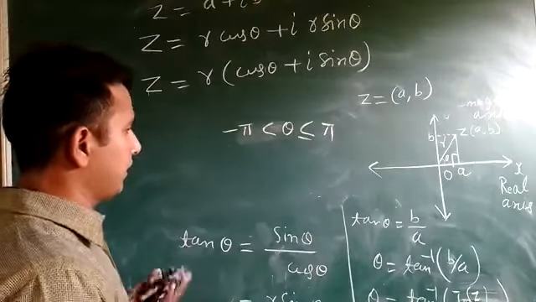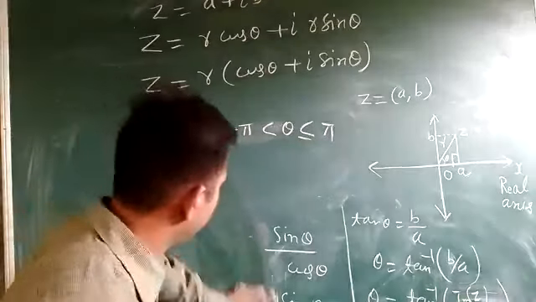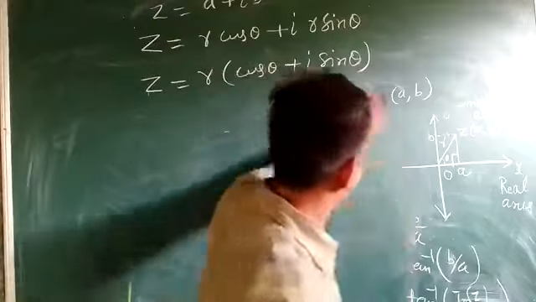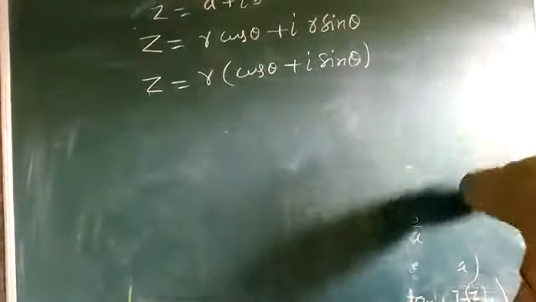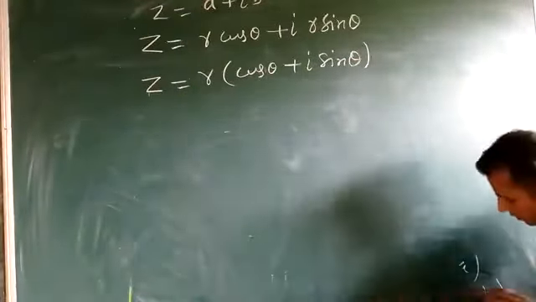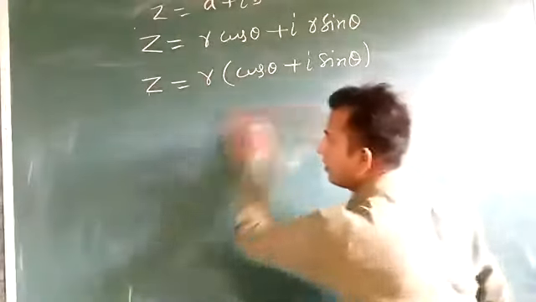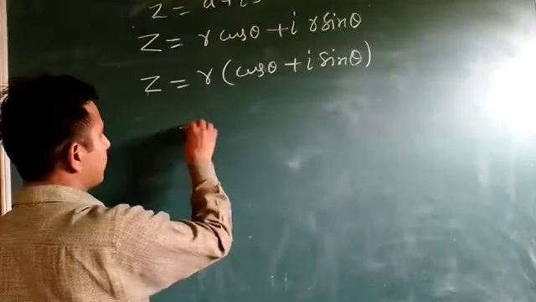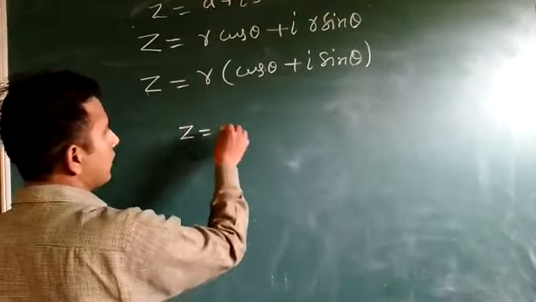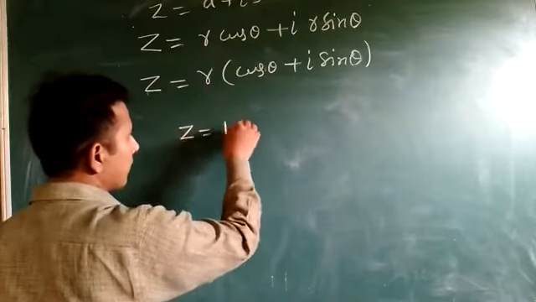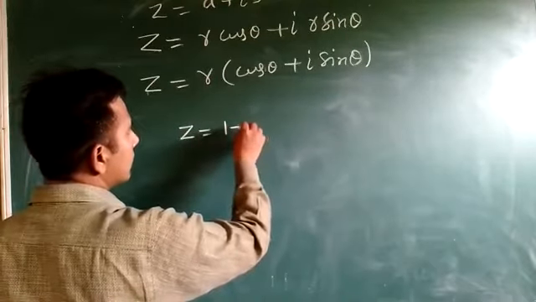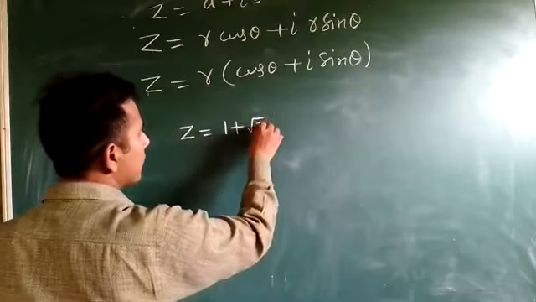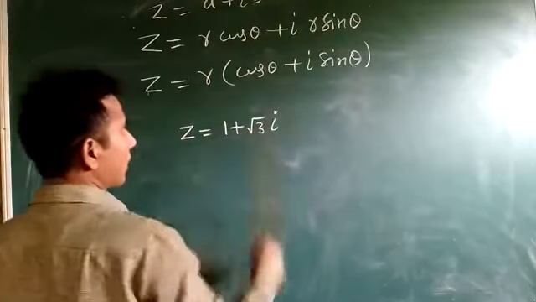Let us take one example for this. So we are going to write the polar form for the question z equals 1 plus root 3 iota.